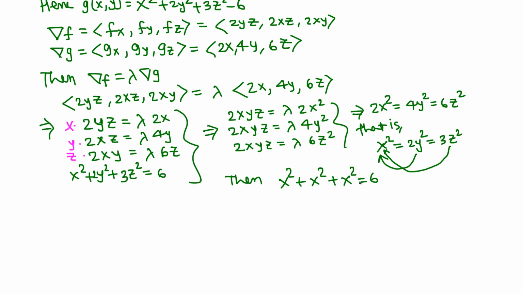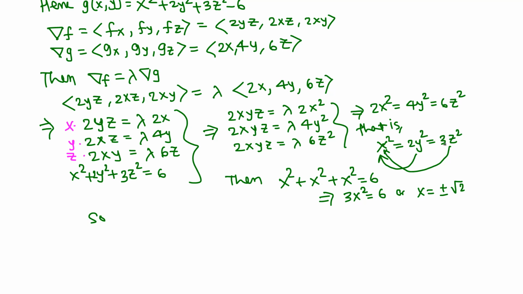That means we get 3x squared equals 6, so x squared equals 2, so x equals plus minus root 2. So we have x here. And from here we can find y, and from here we can find z.